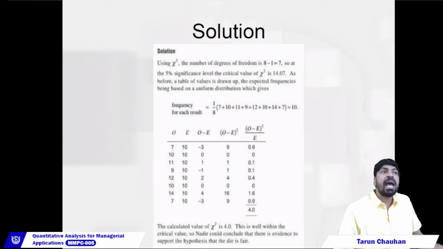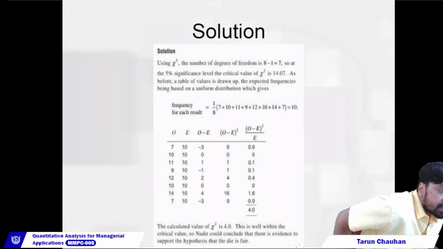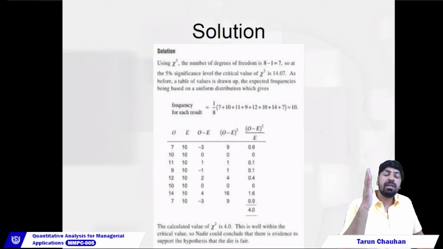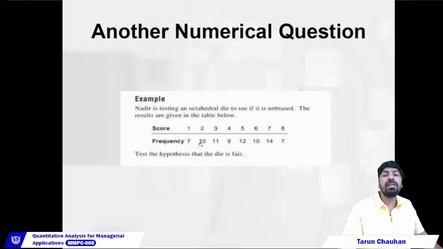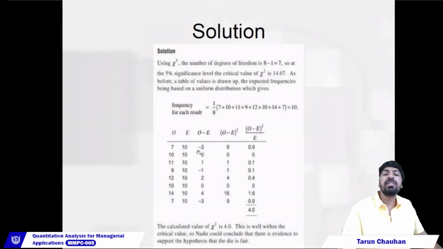If 10 is given as the expected frequency in a question like this, the expected frequency will remain the same under all the observed frequencies. So let's begin. The observed frequencies are 7, 10, 11, 9, 12, 10, 14, 7. Write it down as O, observed frequency.